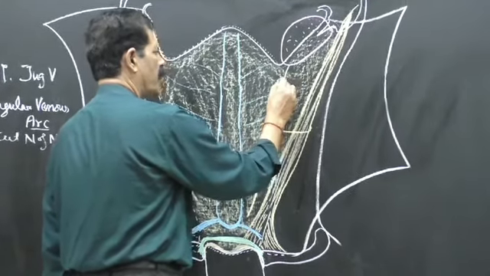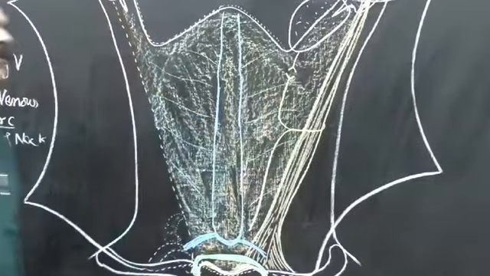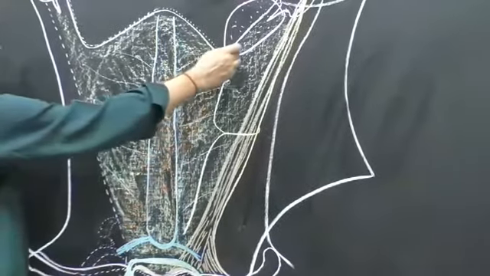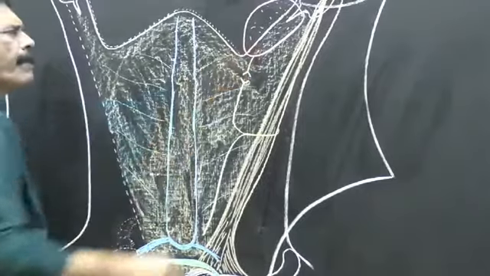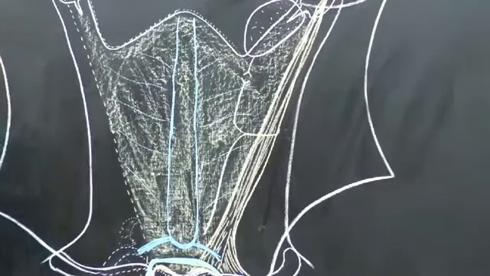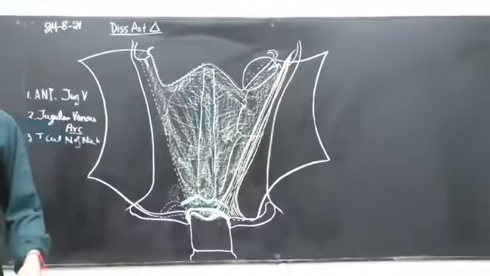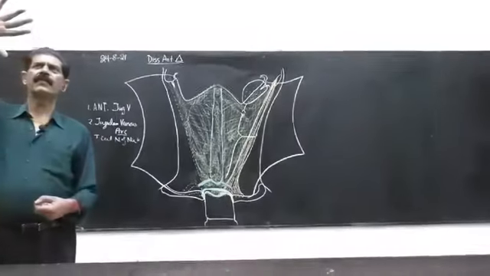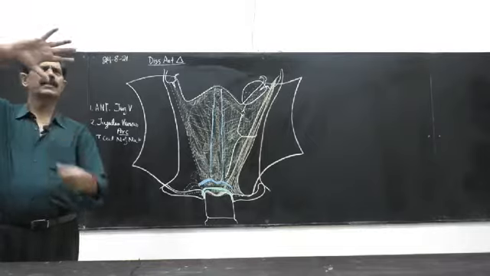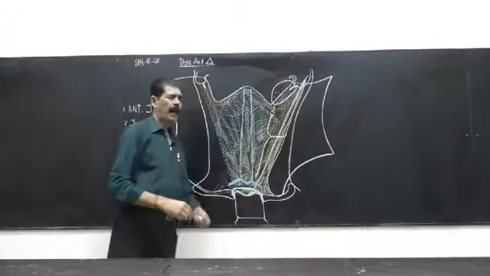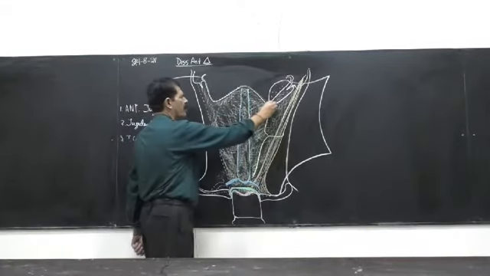The ascending branch will communicate with the cervical branch of the facial nerve, which comes out from the apex of the parotid gland. So the parotid gland base is above and apex is downward. Out of the 5 branches, like the 5 fingers, the lowermost is the cervical branch. It comes out of the parotid gland after supplying the platysma muscle. We have done it.